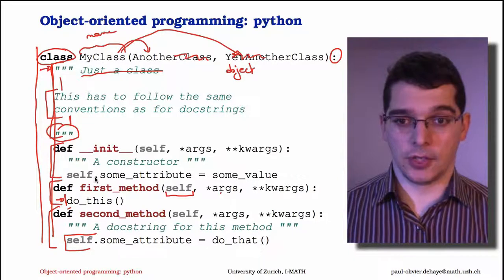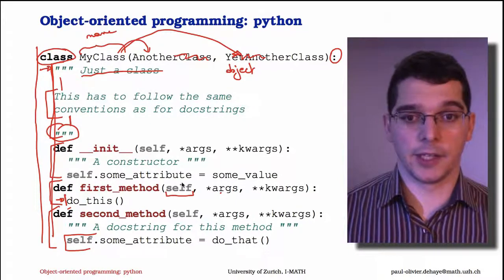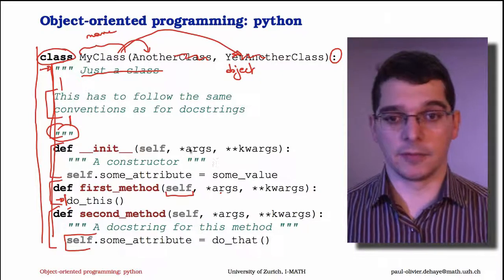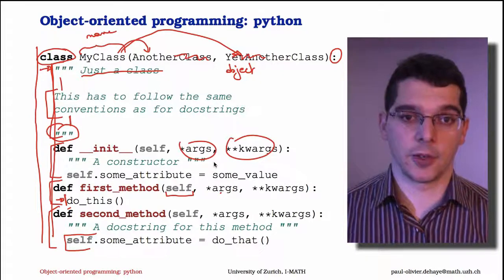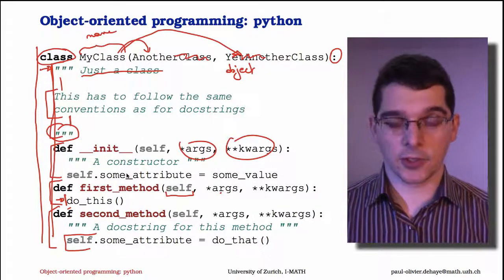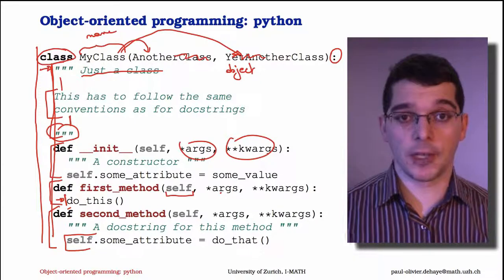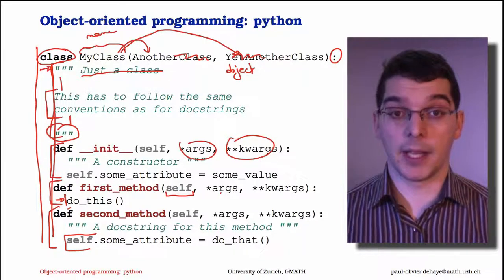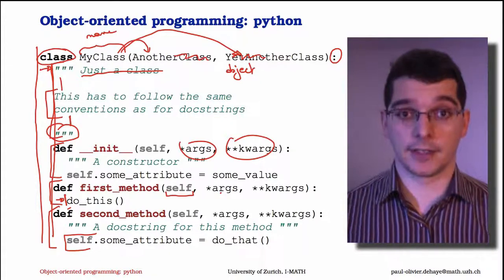I just use the data attribute, some_attribute of self, and I assign some value to it. And maybe some value is defined based on the arguments that are passed to the constructor. So init is a constructor, and it realizes instantiations of classes. It creates objects of the type MyClass. That's important: it creates new objects of that type.